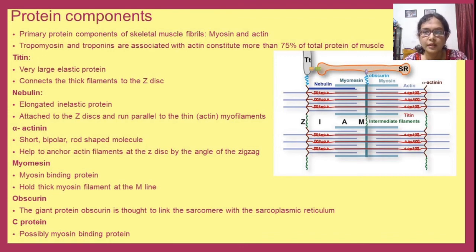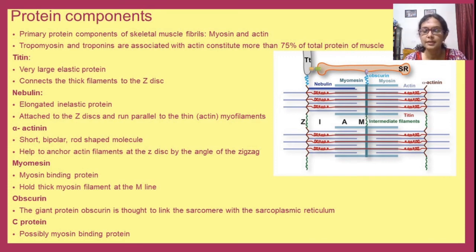This kind of protein also attaches the actin filament with the Z disc. Another protein attaches the myosin filament with the M line. So all these proteins are associated with the myosin and actin attachment to the basic structure.